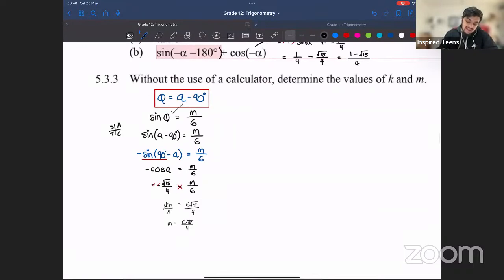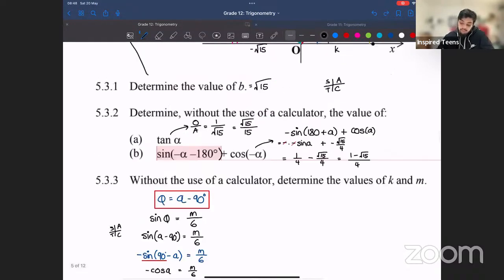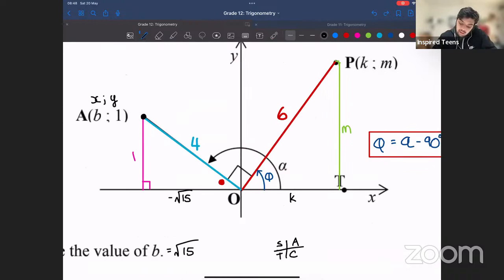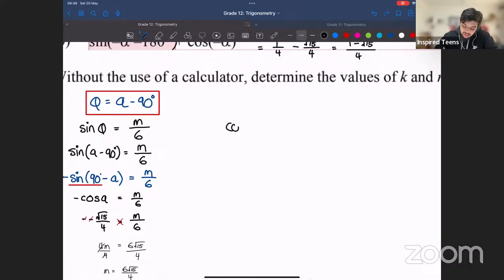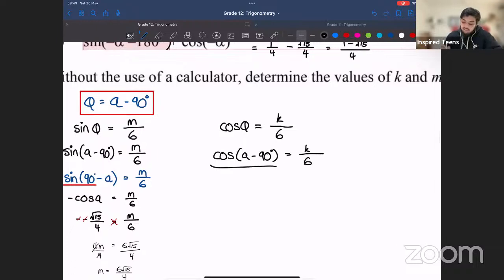So we used the sine theta to solve for m because it was opposite to theta. Now we can use cos theta to solve for k because it's adjacent to theta. So I'm going to do this quickly. Cos theta is equal to k over 6, adjacent over hypotenuse. Cos theta, we can write it as alpha minus 90. Remember with cos, we can take the negative bracket and flip these two, but cos will swallow that negative.